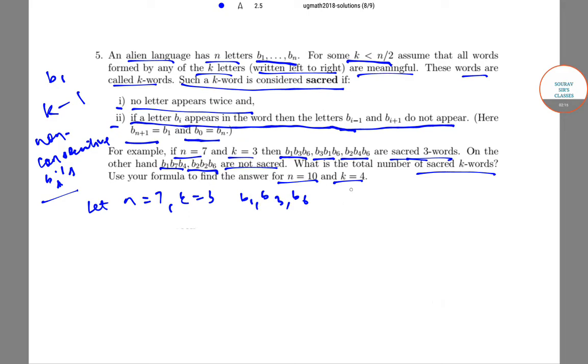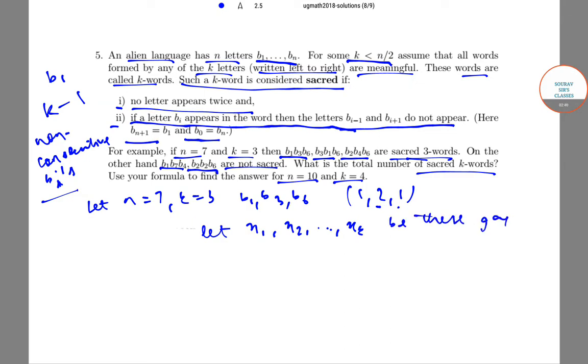Then the triplet 1, 2, 1 specifies that leave one alphabet after b1, drop 2 after b3 and drop 1 after b6. Hence, in general, let x1, x2 and so on up to xk be these gaps.